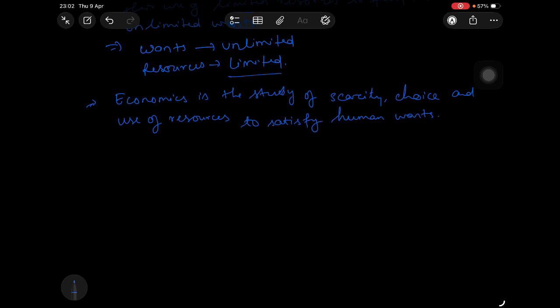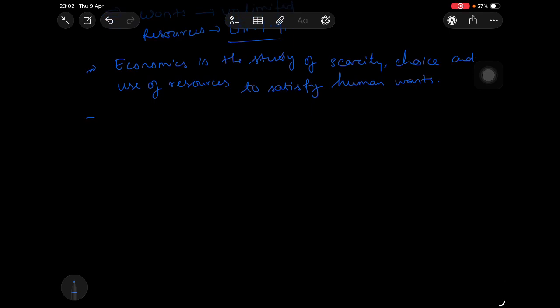Now in our NCERT, our topic is meaning of scarcity.